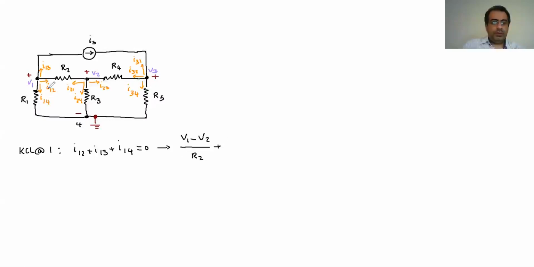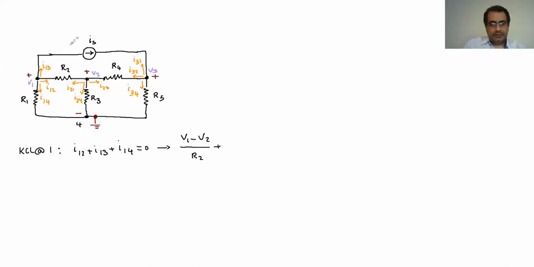Then I go to the current that goes from 1 to 3. If you look at this one, I could write V1 minus V3, but there is no resistance between V1 and V3. The good thing is that we already know the current going from V1 to V3 is IS because it's given. It's the source here.